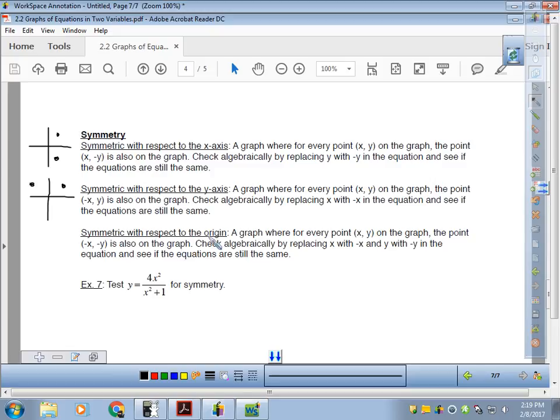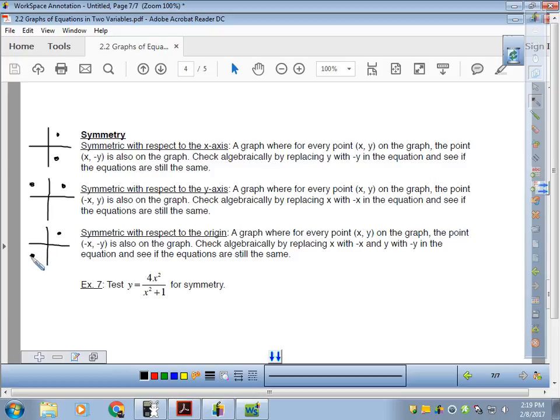The last kind of symmetry we're going to look at is symmetric with respect to the origin. This is also basically both of these symmetries, meaning that if you start with a point up here, it will reflect across the y-axis, and then it will reflect across the x-axis, and it'll end up down over here. So it kind of flipped diagonally across the origin.